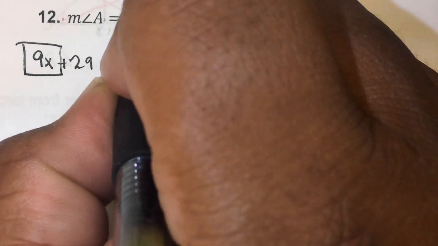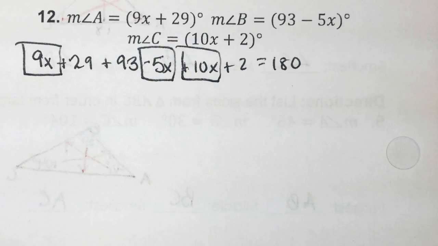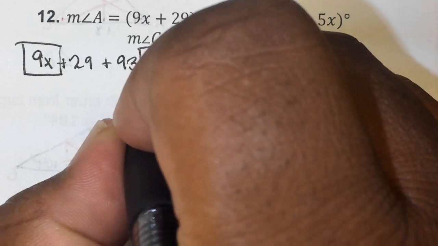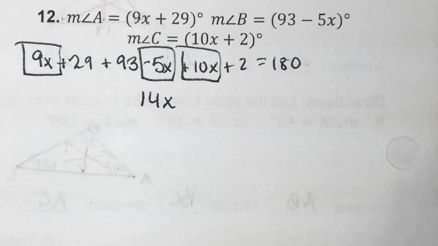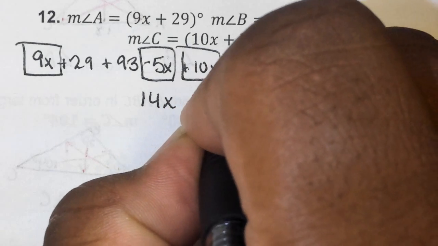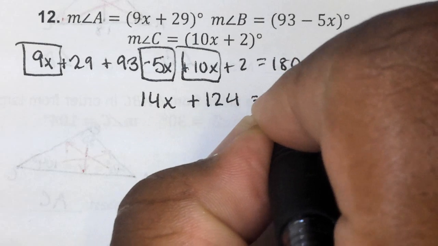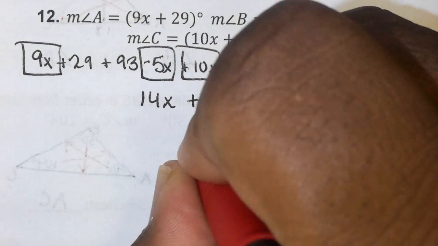You might want to go through and box all your variables so you can see them. 9x minus 5x plus 10x is 14x. And then you got 29 plus 93 plus 2, 124, equals 180. If you can make it to that point, you just got a 2-step equation. From there, subtract 124.